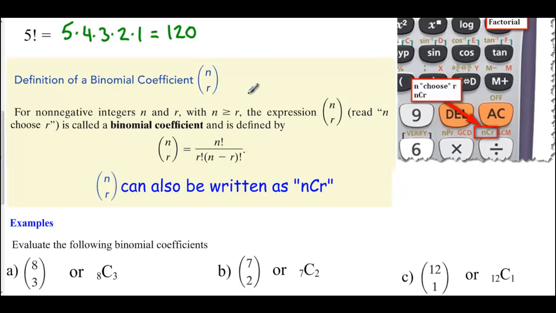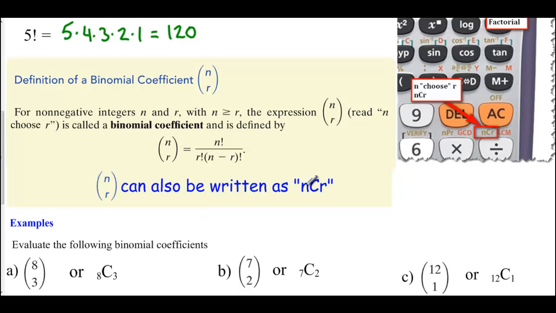All right, so we're going to start talking about the binomial coefficient. So we're going to start using this notation, but it's not that big a deal, and I'll show you the quicker way to do it. So for non-negative integers n and r, with n being bigger than r, the expression n over r, which is read n choose r, is called a binomial coefficient and is defined by n factorial over r factorial times n minus r factorial.